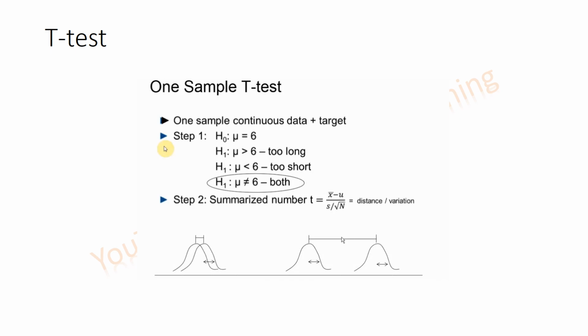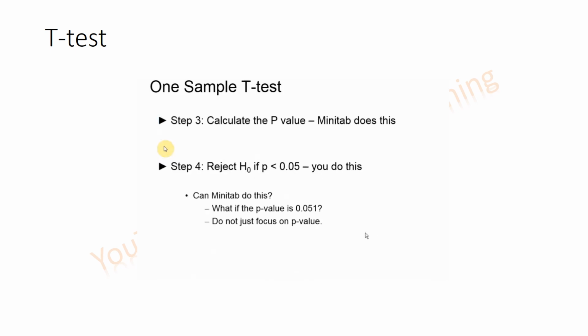We support H1. They are different. All right, this is the sort of relationship. So T and P are related, and you don't need to worry about that. You need to have calculated the P straight away. We find the table, get the value.